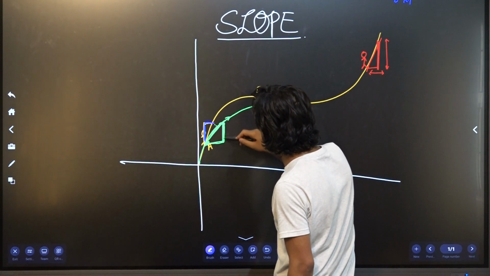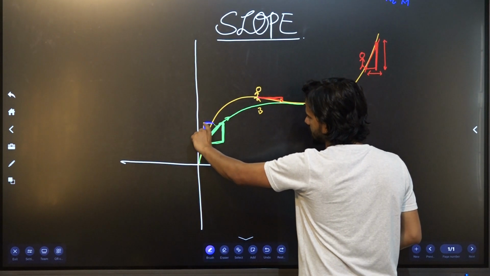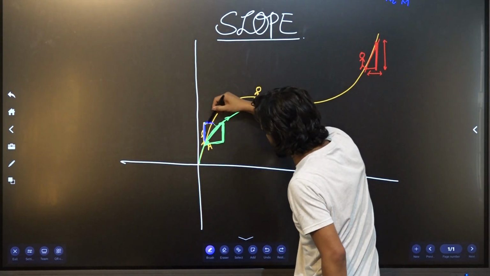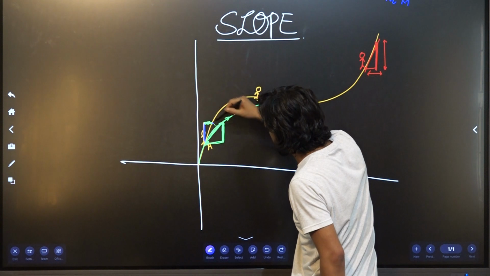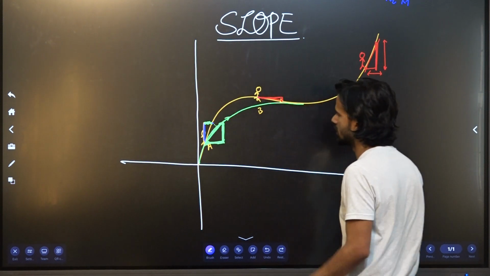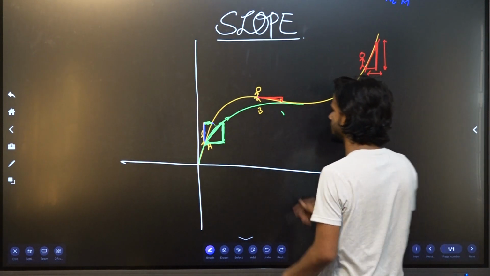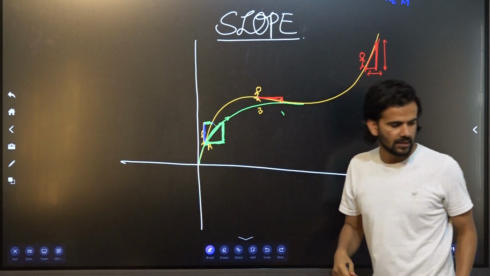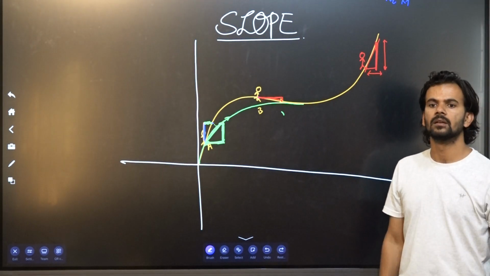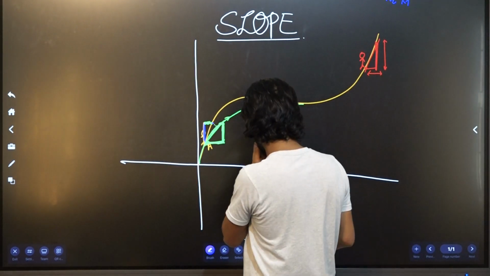The vertical distance is the same, this much here and this much there. But the horizontal distance was this much here, and here it is more. So therefore this path is less slopey.